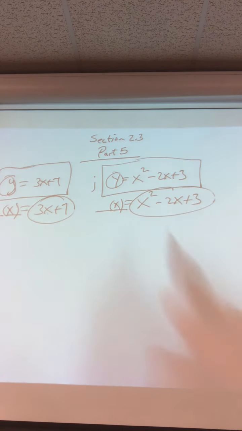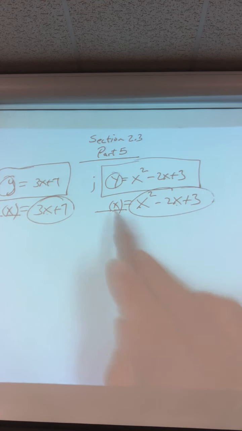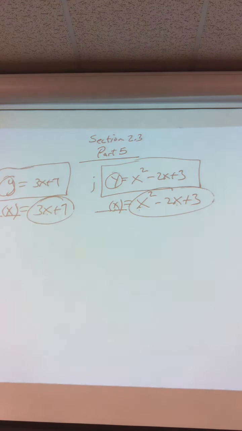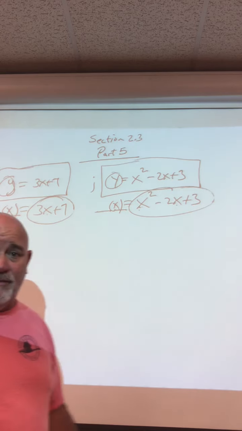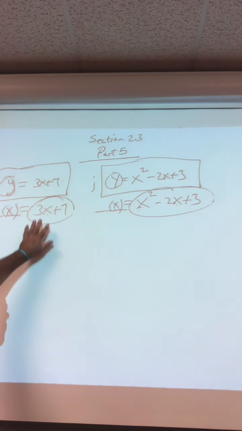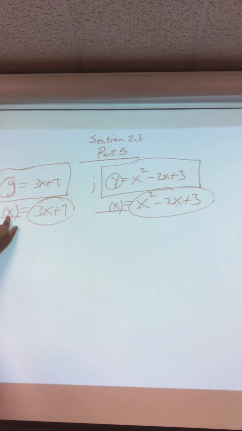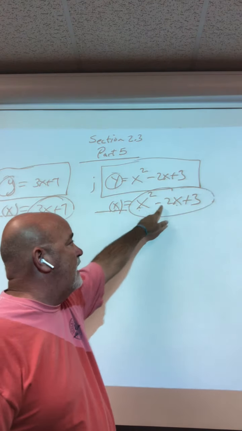Now, if these were n's, this would be an n. If these were t's, this would be a t. So the letter that's on the right side of the equal sign is always the letter that goes in the parentheses. So can two functions have the same last name? Yes. Can't two people have the same last name? Certainly. So these two functions here have the same last name because they're both x's.